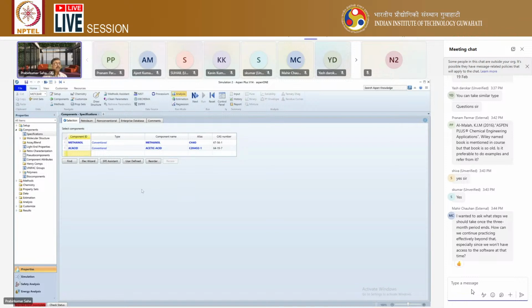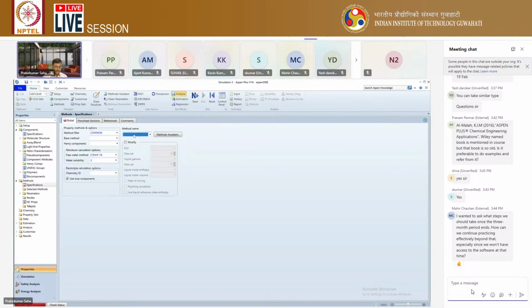So we have methanol and acetic acid, and we will take some methods. Let us take NRTL.